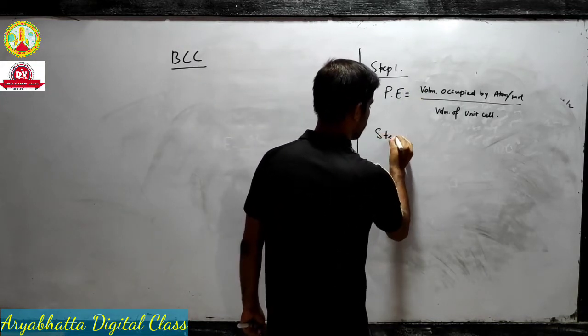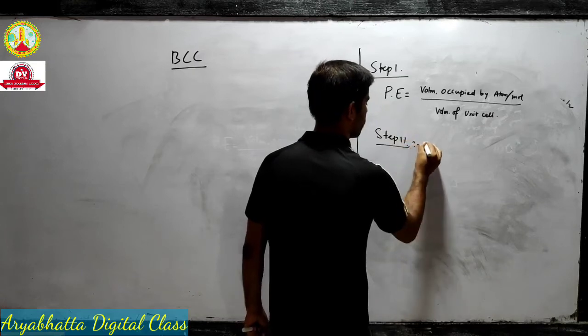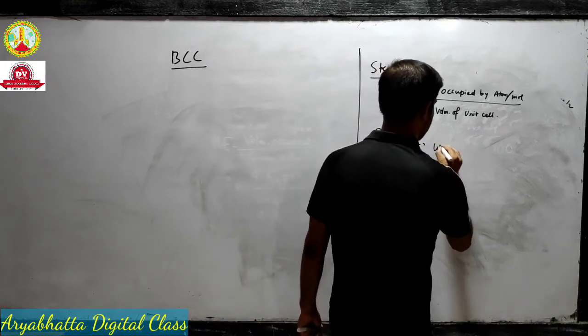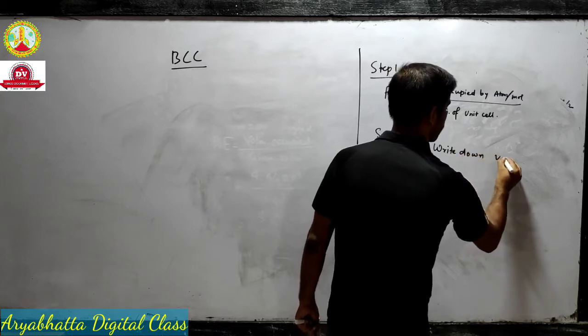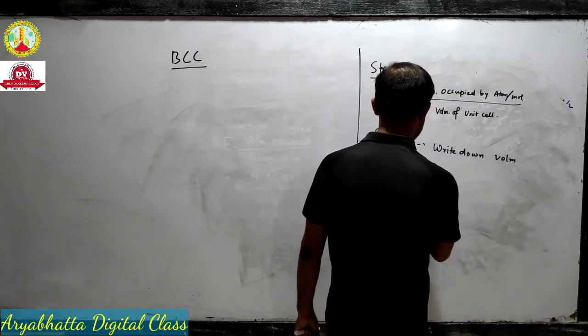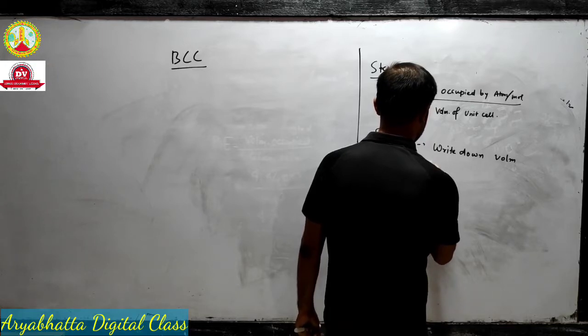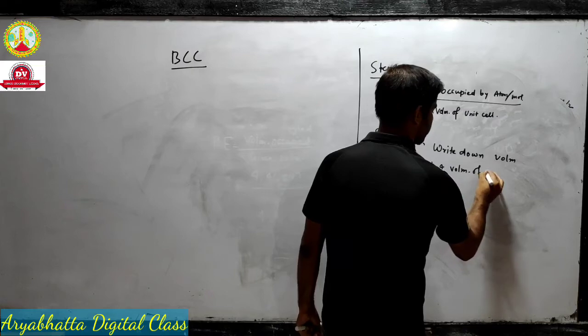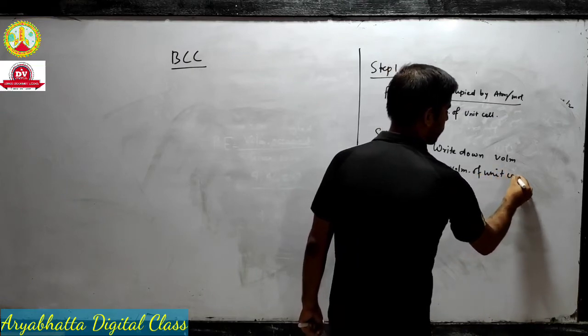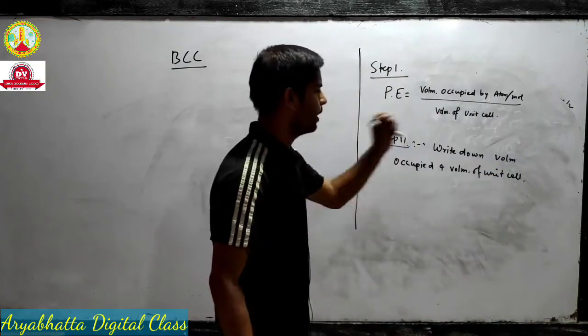In step 2, write down the volume occupied and the volume of unit cell. That means, what is the formula for the volume of unit cell and the volume occupied.